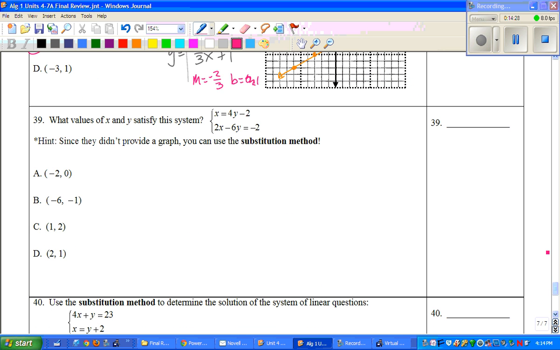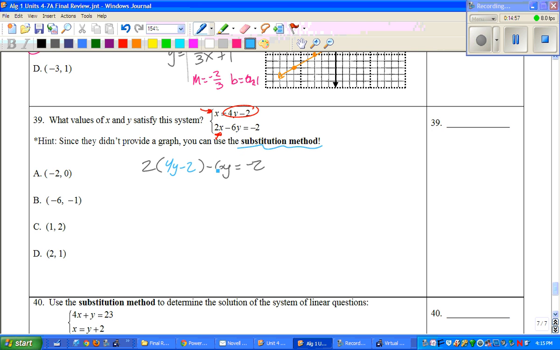What value of x and y satisfy this system? Hint, since they don't provide a graph, you can use the substitution method. So we need to know what variable is alone, circle it, and where we're plugging in. For that, you're plugging in 4y minus 2.